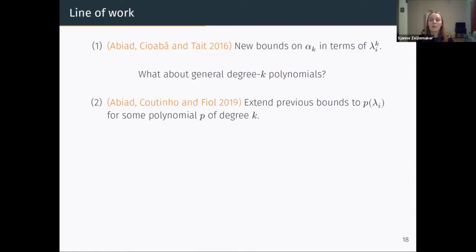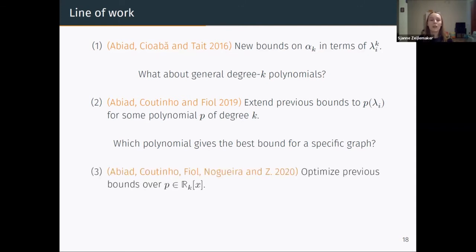And actually this turns out to be the case. So now we have this bound with a degree k polynomial in it, which we are basically free to choose. And of course, the next natural question was, well, how do we choose it to get a good bound for specific graph types? So the idea of this latest paper and also of this talk is to optimize these bounds for specific graphs.